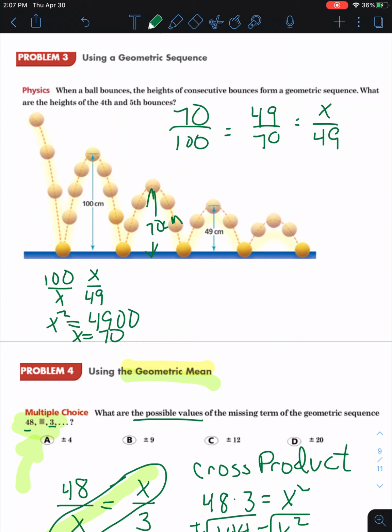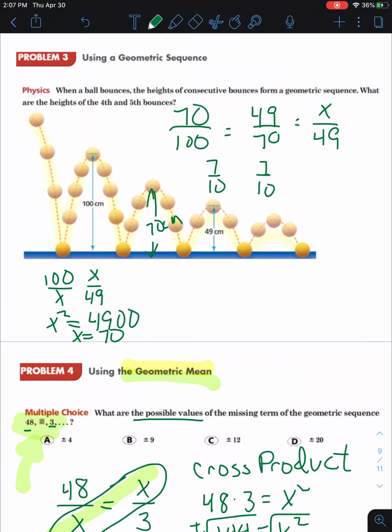So I can set up this same scenario, and this is going to give me 7/10. And so this one needs to be 7/10. All right. So if I do my cross product here, so this would be the 1, 2, 3, 4, and fifth bounce.